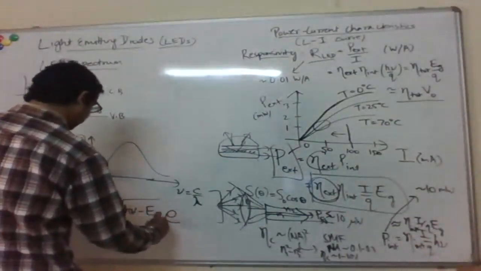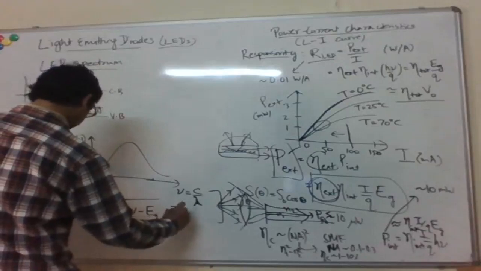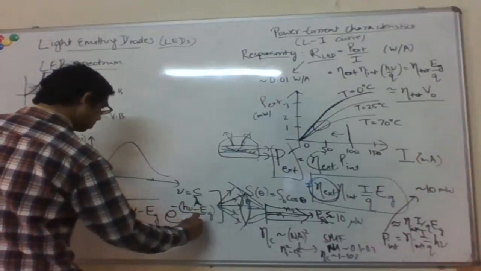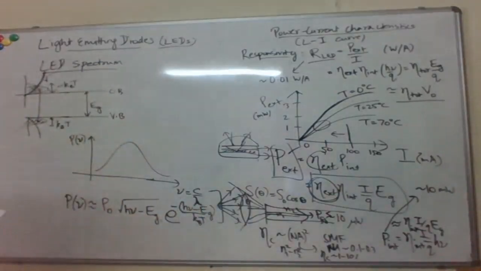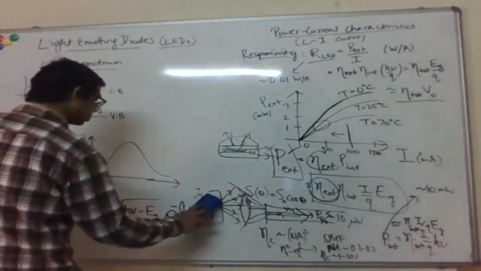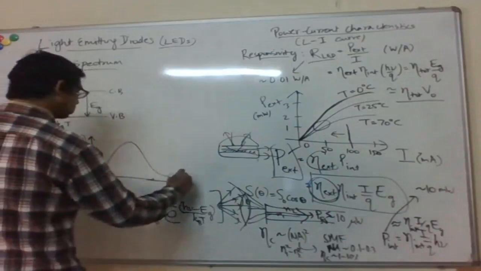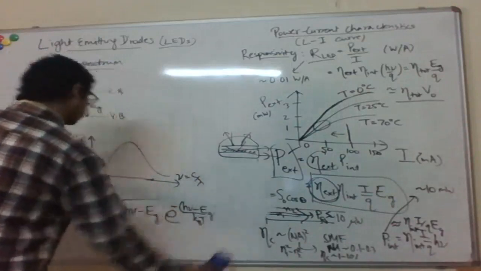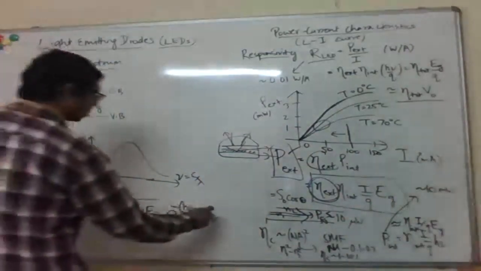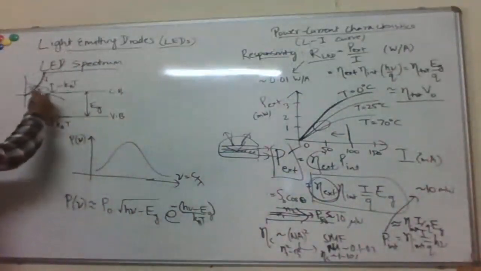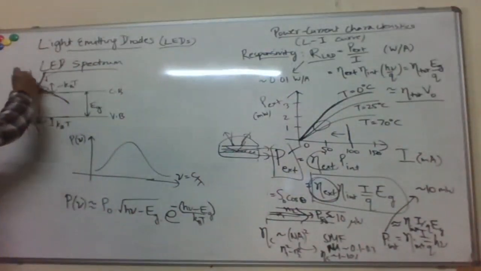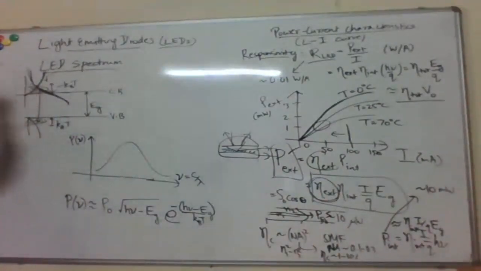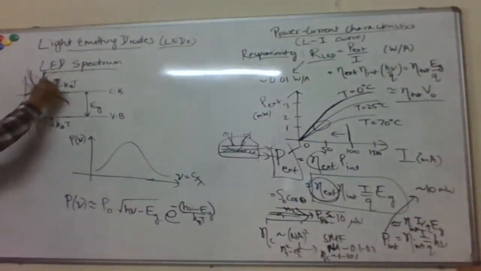And then there's an exponential factor, which is coming from the Boltzmann distribution, basically from this occupation probability. We had this Fermi-Dirac distribution, whose tail comes in here, and this tail can be approximated by an exponential function.